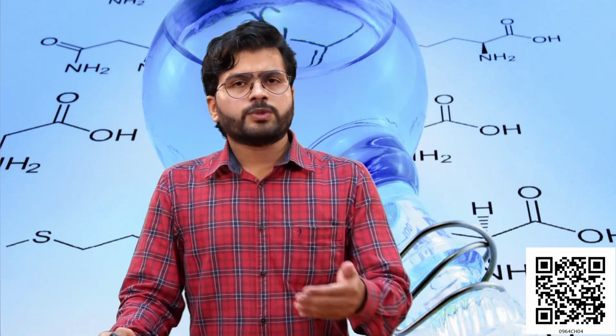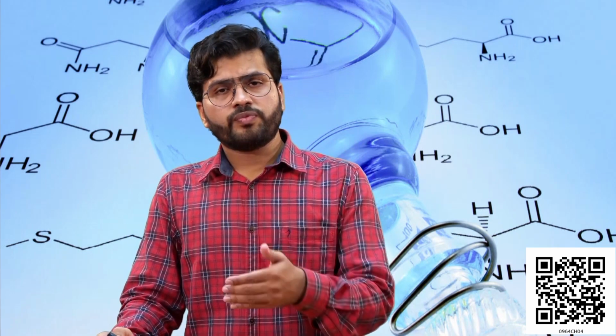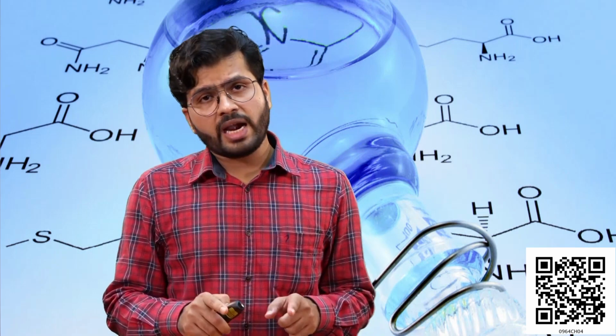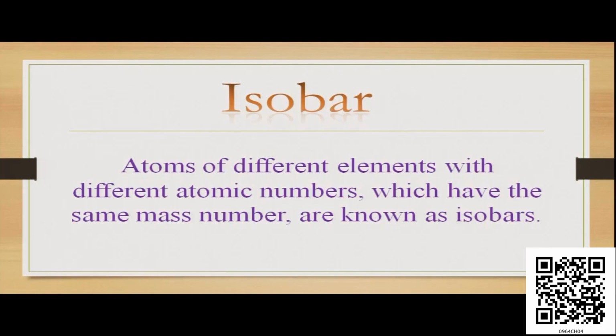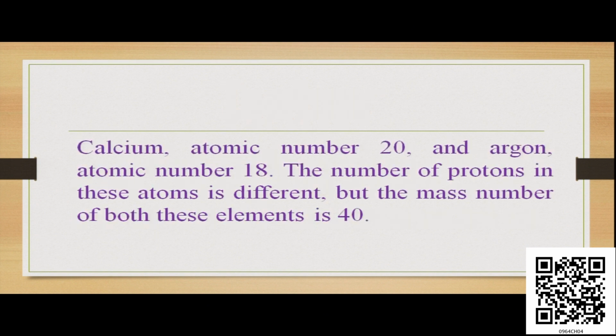This type of species, atoms of different elements having different atomic numbers but the same mass number, is called isobars. Look at the definition. Atoms of different elements with different atomic numbers which have the same mass number are known as isobars. One example of such an isobar pair is calcium and argon.